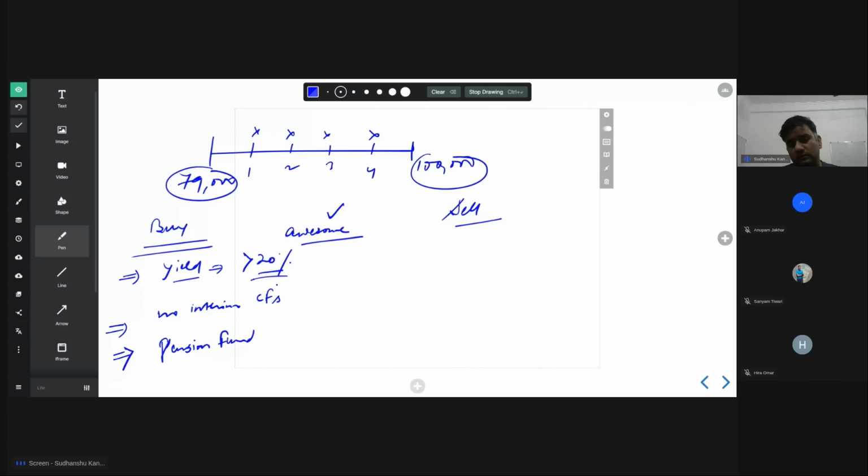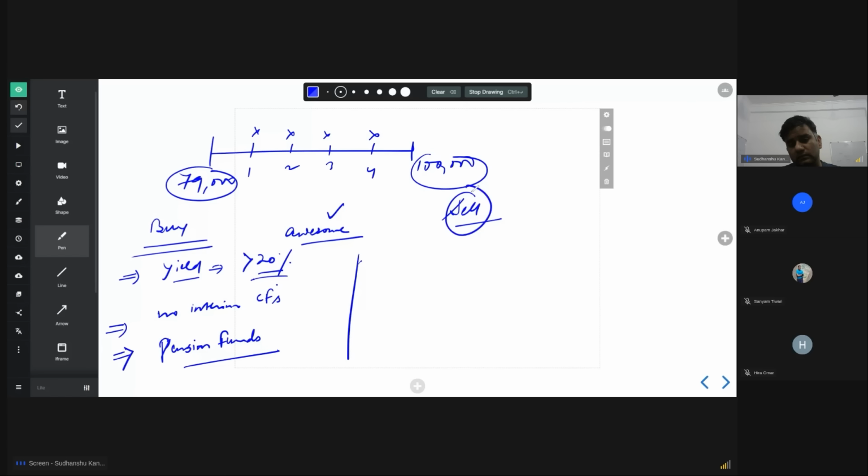Because pension funds are funds which are giving money to your pensioners after a certain number of years, when they retire after 55 years, 60 years, whenever. So pension funds generally operate like this. Pension funds already know that today these many employees are working with me, they will retire after these many years, so I don't need any money in between, I only need money at the last. So they plan like that. So good for pension funds.